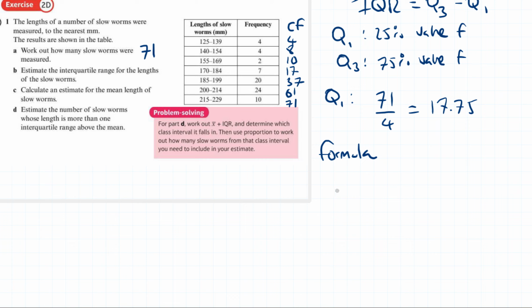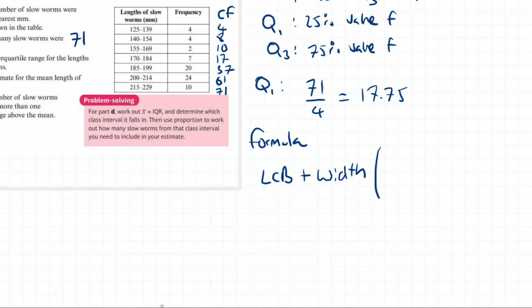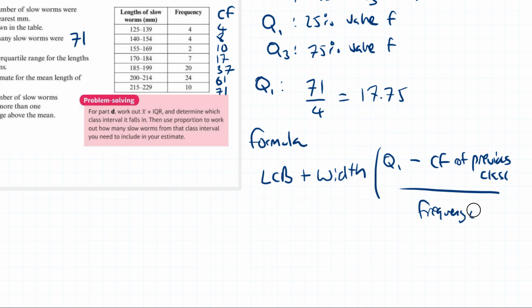The formula is equal to the lower class bound plus the width times our value that we're interested in. In this case, that will be Q1 minus the cumulative frequency of the previous class, divided by the frequency of the class.